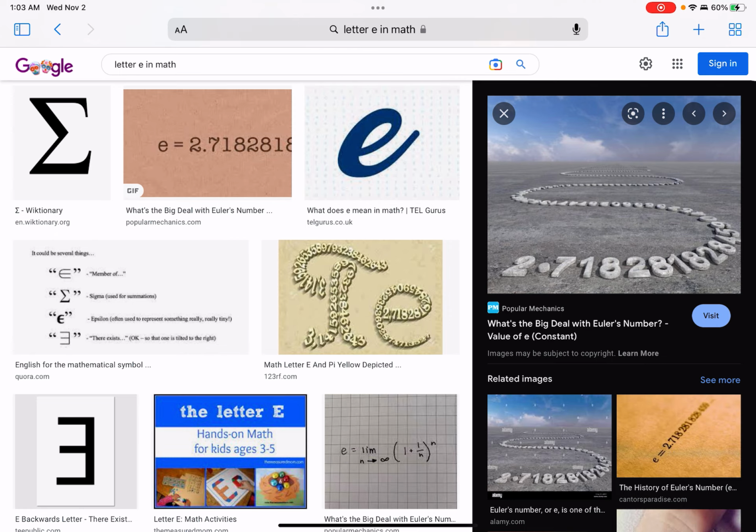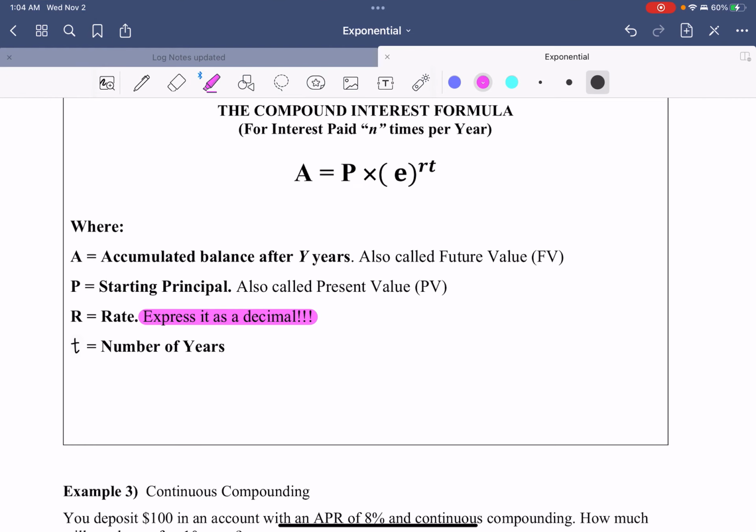So all that to say that E is just a number, 2.71, etc. So there is an E button in the calculator. Please do not type 2.71 instead of the letter E, because you will be cutting the decimal pretty short. So if you start cutting the decimal, then it's not going to be an accurate answer.